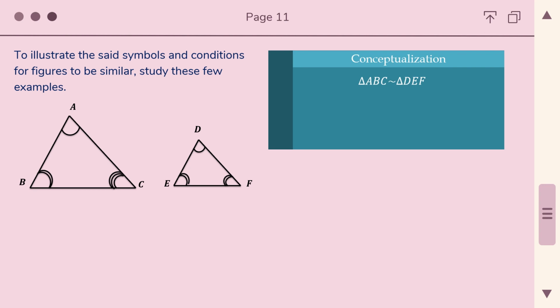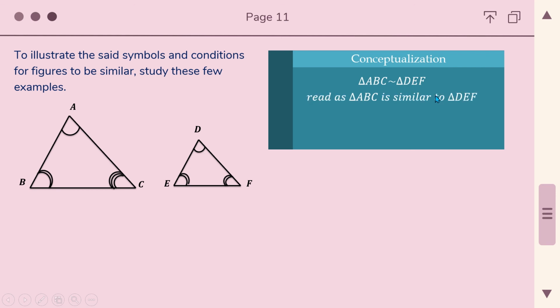So for our conceptualization, we are trying to establish that triangle ABC is similar, o darang symbol. The triangle ABC, dili makita nimo ang word na triangle ha, but it is represented by the symbol triangle. So we read this one as triangle ABC, similar with triangle DEF.